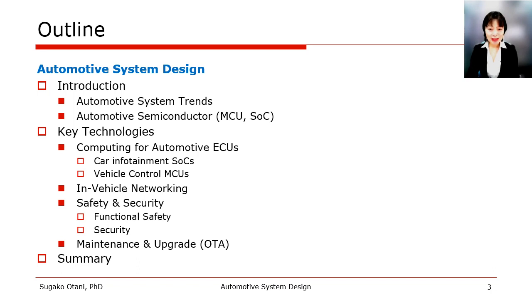Four key technologies are given in the next section, which is composed of computing for automotive issues, in-vehicle network, safety and security, and maintenance and upgrade. Finally, I will summarize my talk. Now, I will start from the introduction.